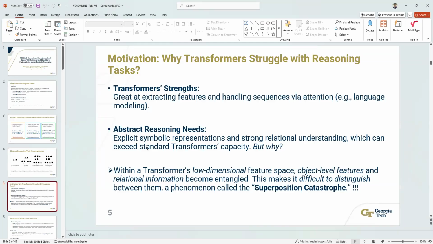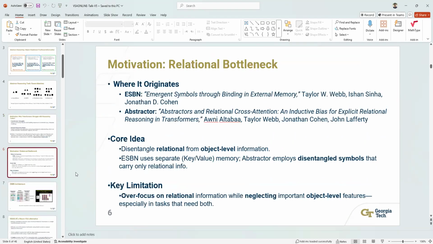And that's where hyperdimensional computing plays a big role. Essentially, there's something called the superposition catastrophe, which happens with transformers, which we want to avoid. The whole problem is one where object level features and relational information become entangled because of the mixing that I was talking about. Next slide.